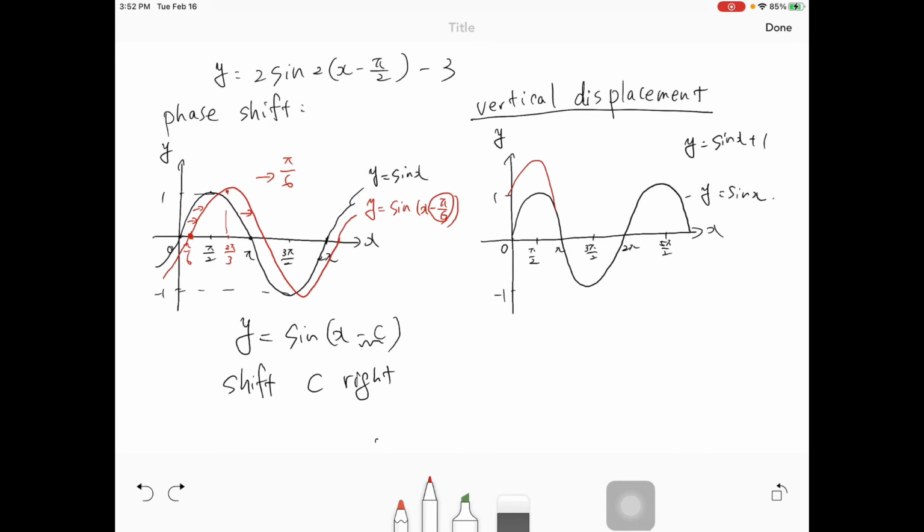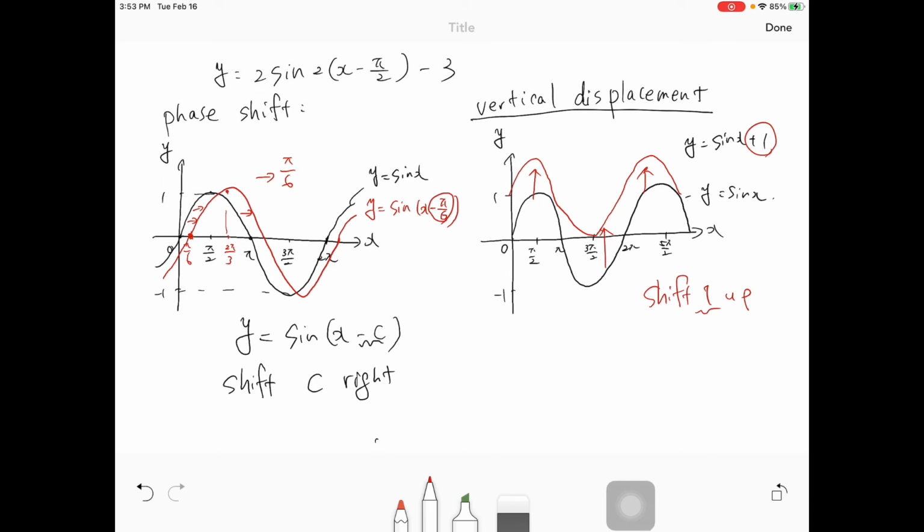This goes here, and this like that. This looks so ugly, but it shifts 1 up. It depends on the value here.